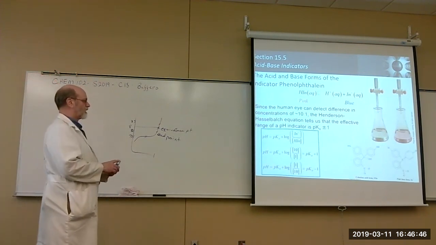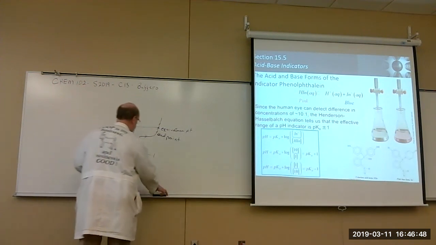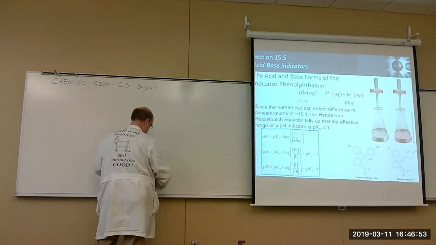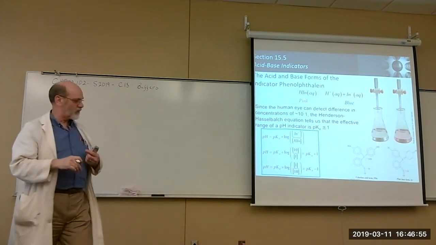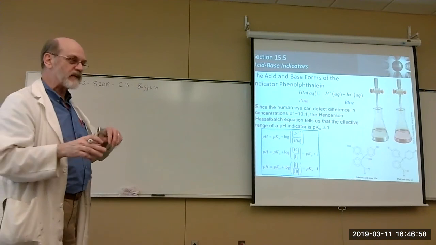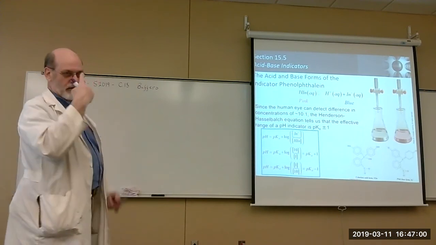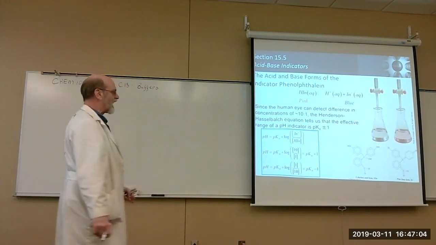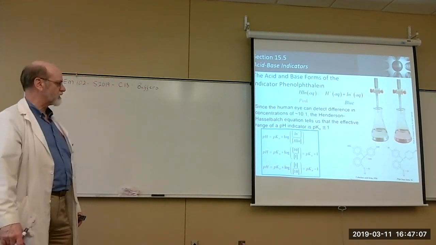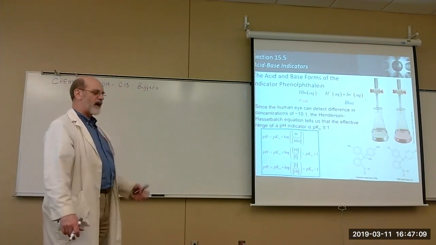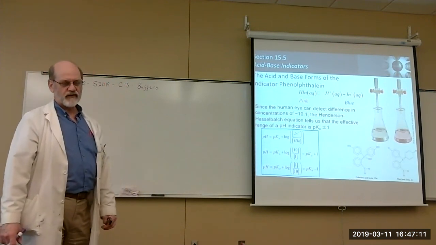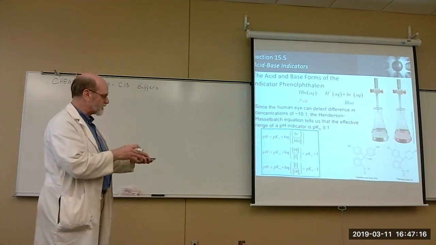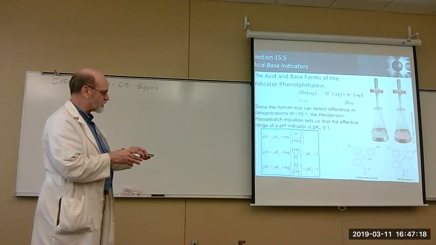Now, what can we say about the ideal indicator range? Well, now we're getting out of the realm of chemistry, we have to introduce human physiology. The human eye can detect a difference in concentration of about 10 to 1. So that means it's either 10 times this concentration to that one, or 10 times this one to that one.